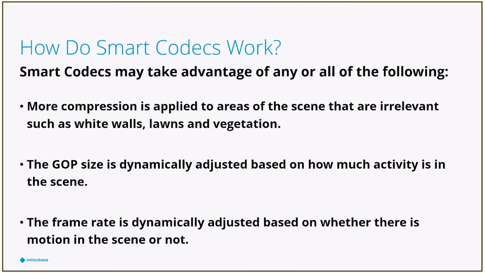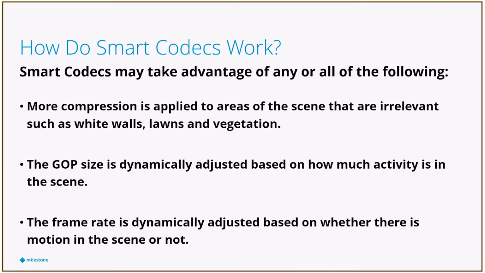And how do they work? It varies from camera manufacturer to camera manufacturer, but a smart codec will take advantage of any of the following. One is that in an area of the scene that's irrelevant, meaning there's not activity going on, more compression gets applied to that area.